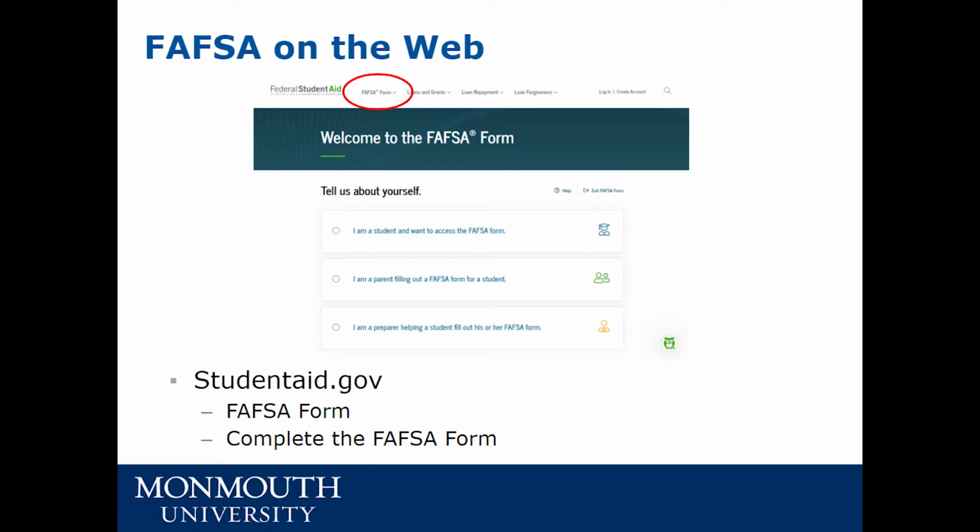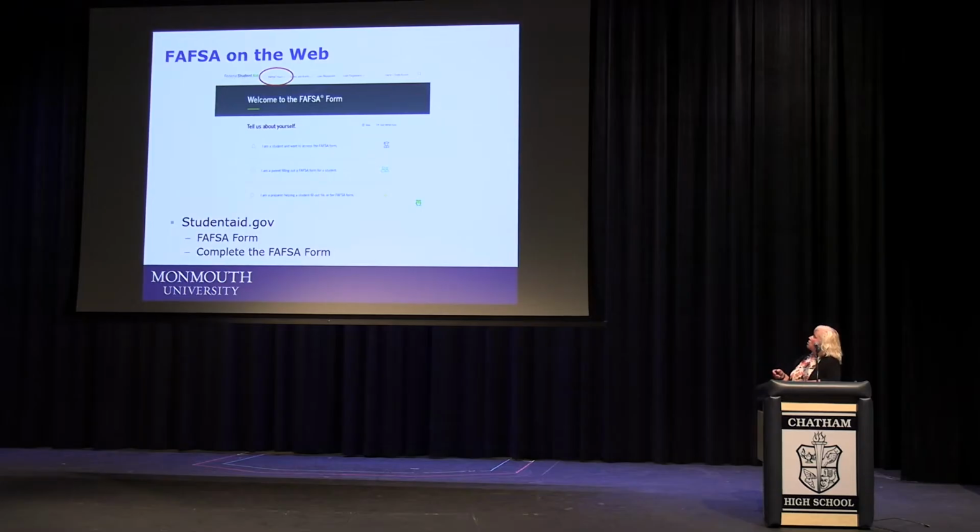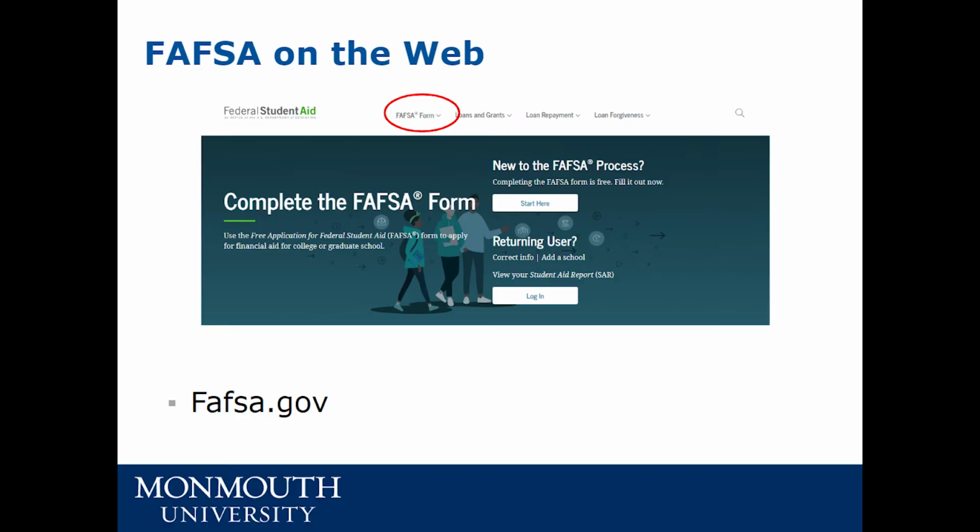This is what the screen's going to look like. Obviously, you see it says, welcome to the FAFSA form, and then asks you to check whether you're the student, you're the parent, or you're a preparer. And that's how you would get started. Alternately, if you just remember the site fafsa.gov, it will bring you to a screen that looks like this.